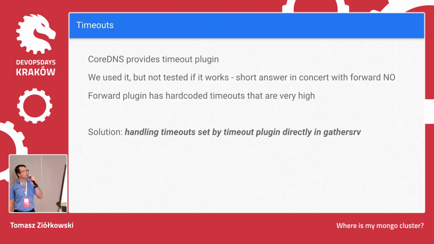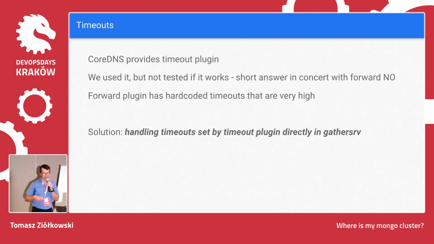But it turned out that the forward plugin that is responsible for forwarding the split query to the next Kubernetes DNSs doesn't respect that timeout. So we handle the timeout directly in our plugin before calling the forward plugin. So we were able to respect the timeouts.